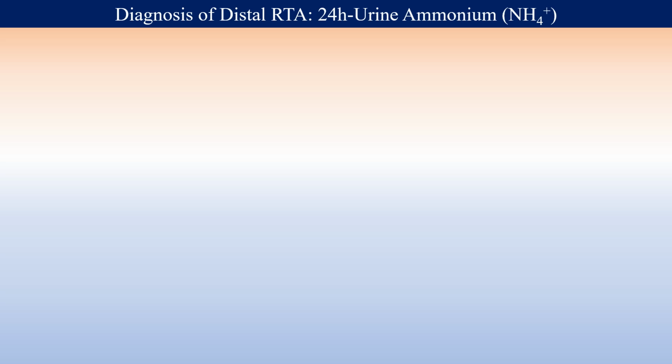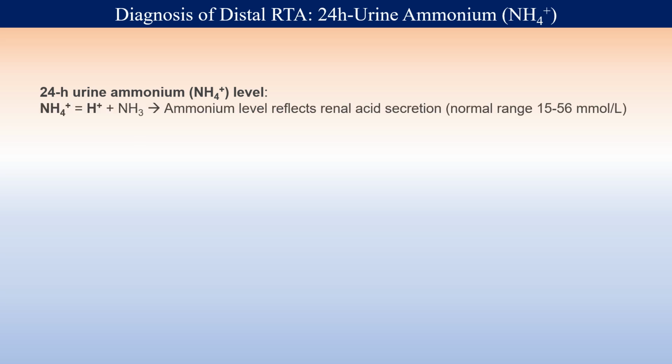The easiest test to diagnose distal RTA is a 24-hour urine ammonium level. Ammonium comes from hydrogen and ammonia. High ammonium levels in the urine reflect high levels of acid secretion by the collecting duct.